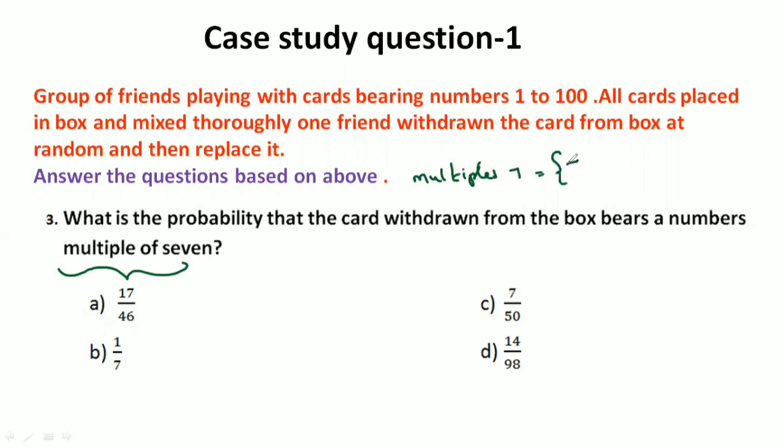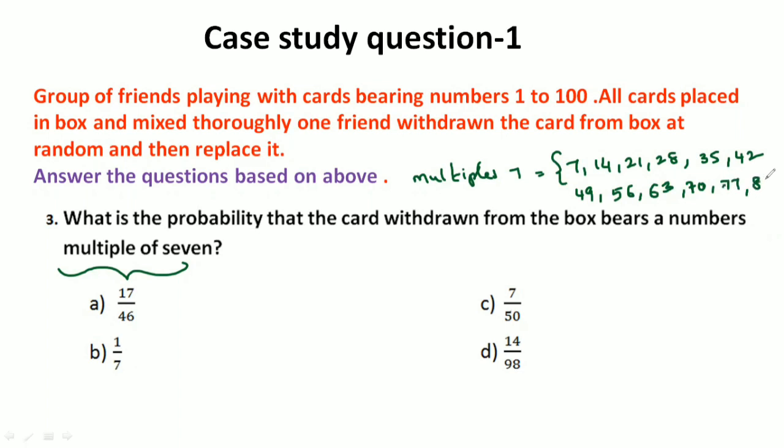So let us write: 7 ones are 7, 7 twos are 14, 7 threes are 21, 7 fours are 28, 7 fives are 35, 7 sixes are 42, 7 sevens are 49, 7 eights are 56, 7 nines are 63, 7 tens are 70, and 7 elevens are 77, which is less than 100.